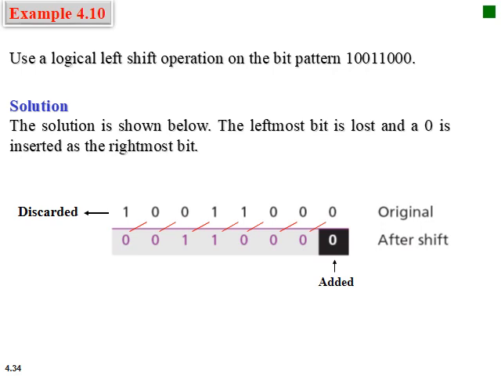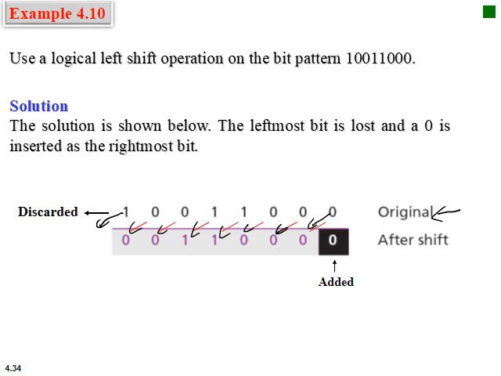The example says here, use a logical left shift operation on the bit pattern 10011000. The solution is shown below. The leftmost bit is lost and a 0 is inserted in the rightmost bit. So here is the original number. We left shift each original bit, as you can see over there, and all those bits are shifted to the left, and this original leftmost one is discarded.